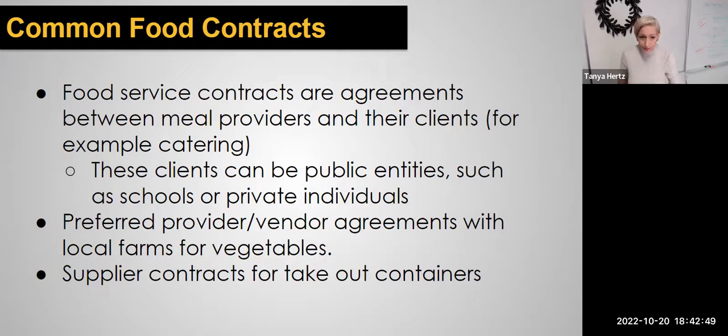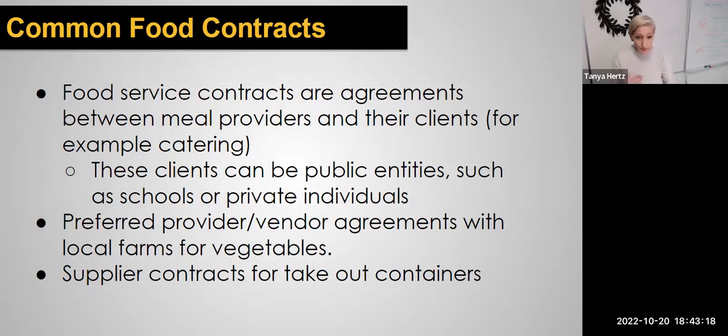For example, catering provided to public institutions, schools, private individuals, other organizations. I, for years, provided baked goods under the Trader Joe's brand label, and we had a contract with that overarching organization, and we were providing the food to them. So there are a lot of these contracts.